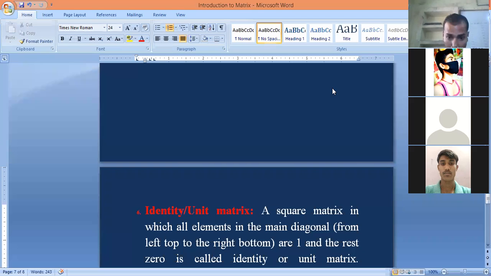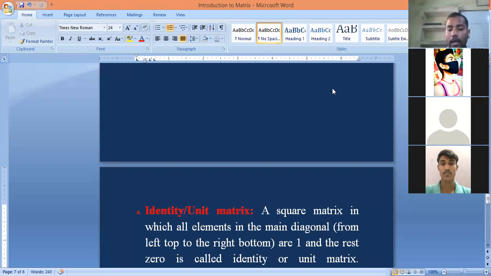When a square matrix consists of all elements zeros, except the elements from the left top to the right bottom in the form of a diagonal, such types of matrices are considered as identity or unit matrix.